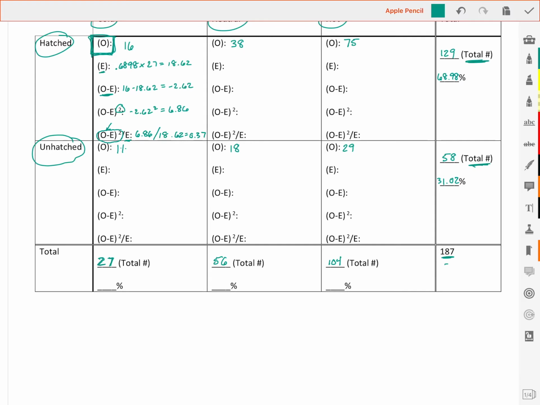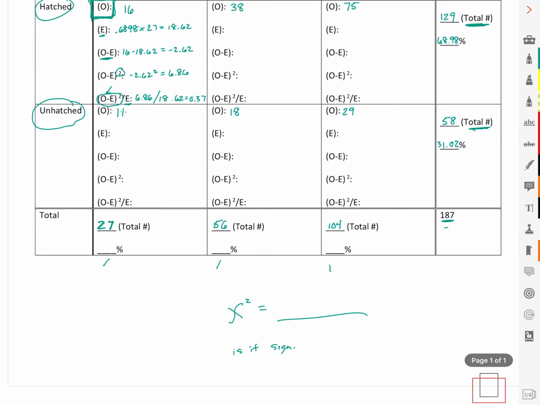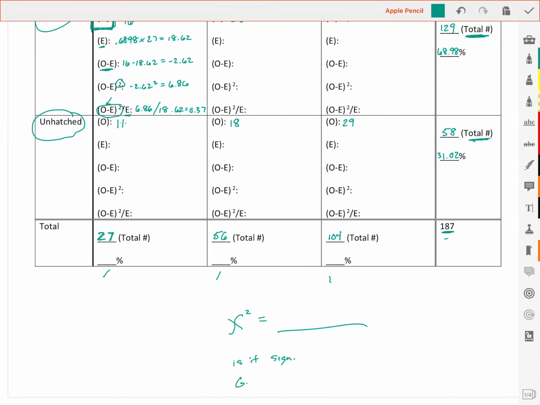What I'm going to have you do for class is fill out the remainder of these, including some of these percentages on the bottom, and all the O minus E squared divided by E. And what I want you to find is not only your total chi-square, but also, is it significant? And remember, to do that, you're going to need to Google things.